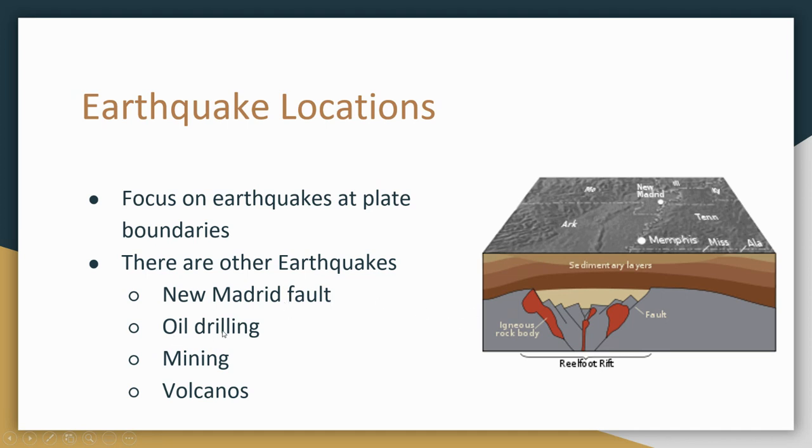So oil drilling and mining are examples of man-made earthquakes where our activity in the crust builds up enough force to make a measurable impact on the seismic activity of the area.